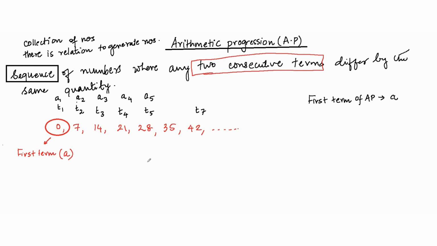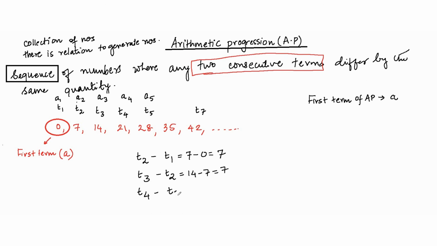The difference between any two consecutive terms is a constant. So you will notice that T2 minus T1 is 7 minus 0, which is 7. T3 minus T2 is 14 minus 7, which happens to be 7 again.